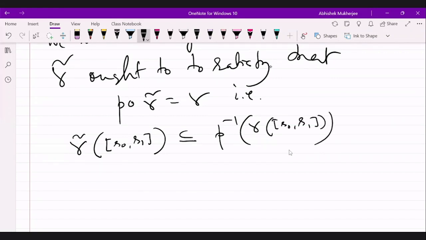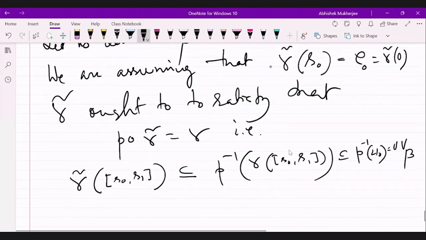That means it is a subset of P inverse of U naught. And what is that? This is the union of V betas. So that means this gamma tilde of that closed interval S0 to S1 must be a part of V betas.